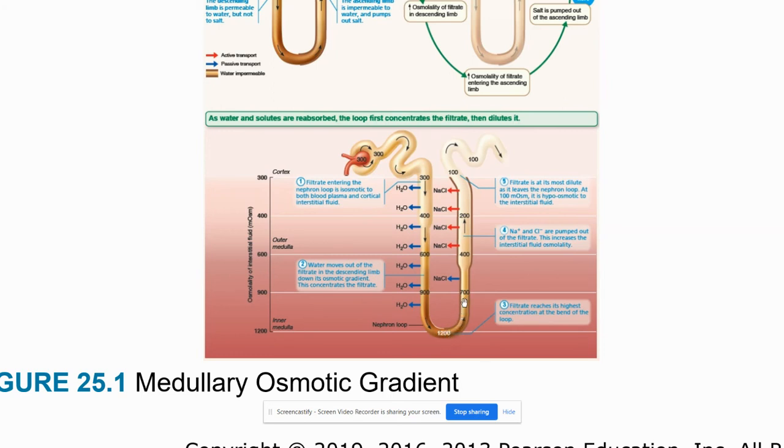Then it starts to come back up, and as it goes up, we start reabsorbing salt. That increases the interstitial fluid osmolarity. And then we finally get all the way back up to here, and we have the filtrate at its most dilute. As it leaves the nephron loop, it's going to be about 100 milliosmoles, and this is going to be hypoosmotic to the interstitial fluid.